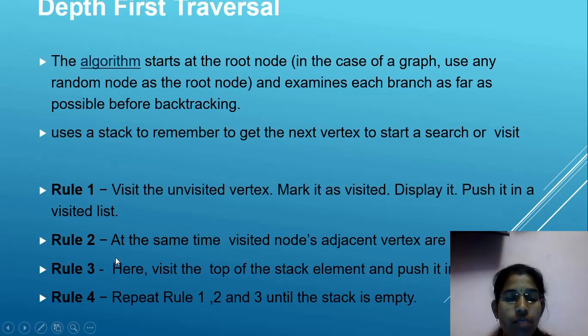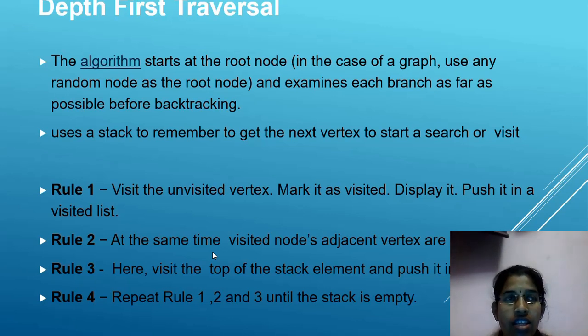Step 3: visit the next node by choosing the top element of the stack. So the first node is visited and the adjacent vertices are listed in the stack. Next I want to visit the second node, which we choose from the top element of the stack and visit it.